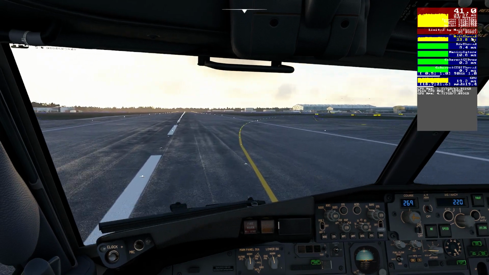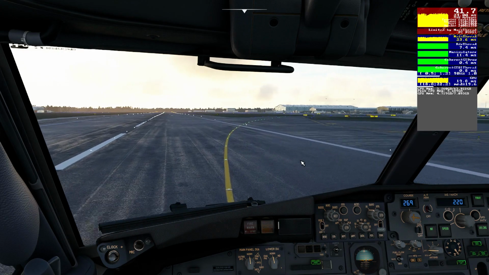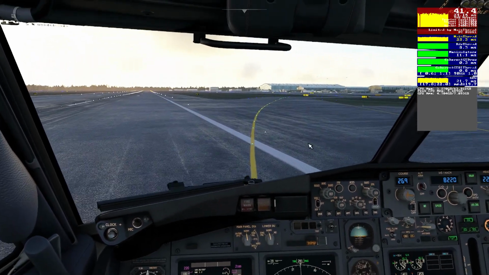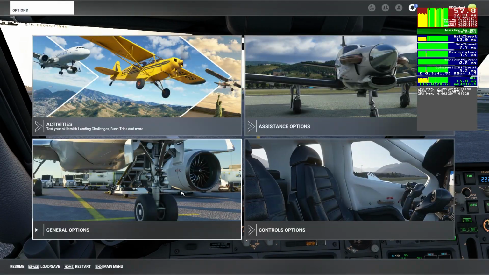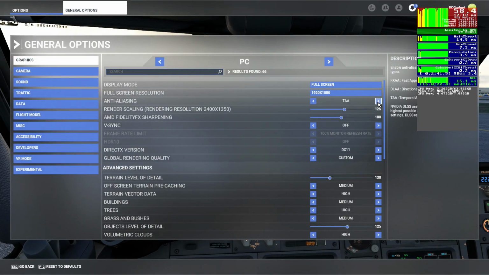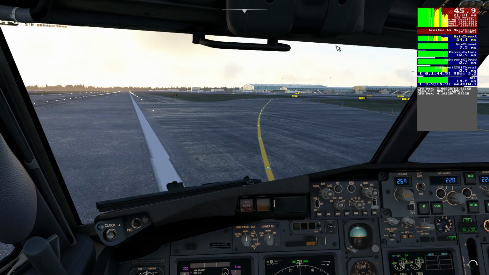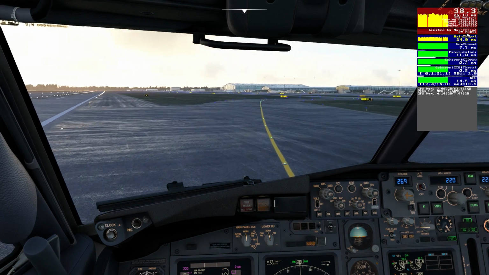So the main thread is really struggling, as is the GPU. Interesting. And then again, switch DLSS back on. And you'll see, I'm just using it on quality, because I am limited by my CPU, as you can see.